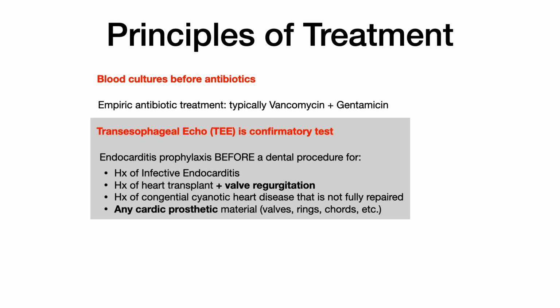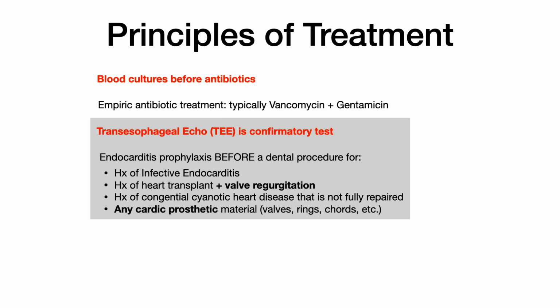So the patient has a history of infective endocarditis, that one should make sense. Obviously, if they've had endocarditis in the past, you want to prophylax them before dental procedures. If they have a history of a heart transplant plus current, meaning now, valve regurgitation. So just having a heart transplant does not mean you need prophylaxis.